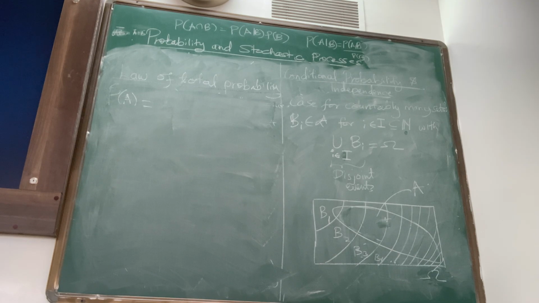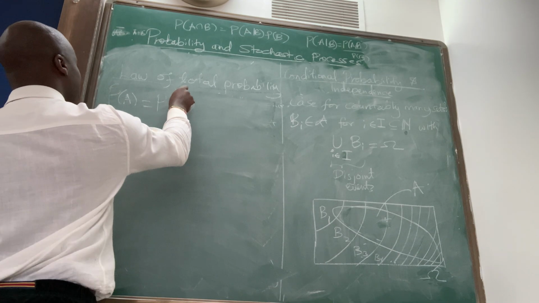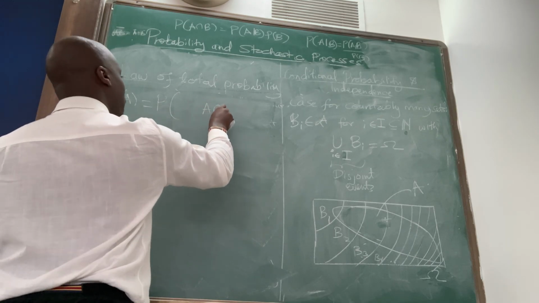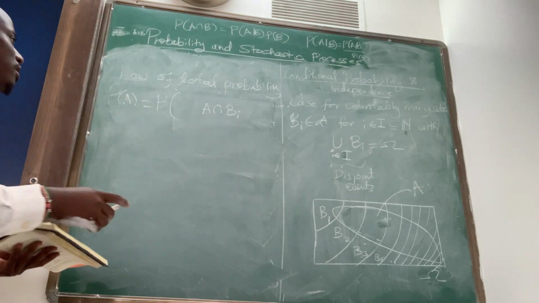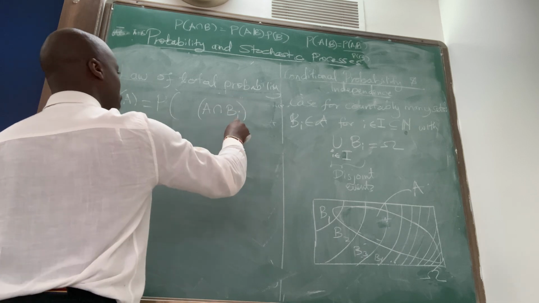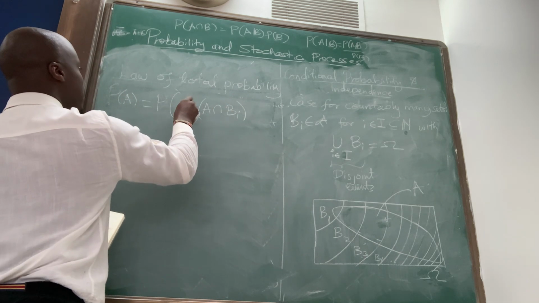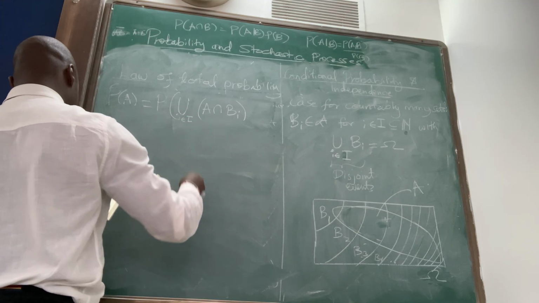So the probability of A is going to be the probability of A intersection all those B's. You take each intersection, A intersection Bi, then you combine all of them. Because they are disjoint, you can use the union over i in the index set.